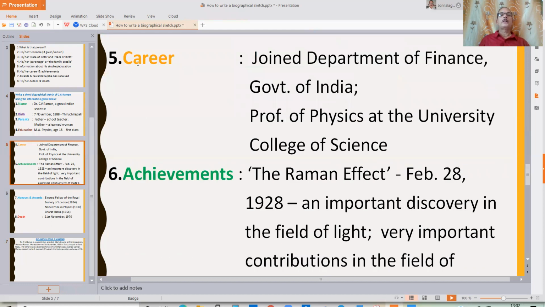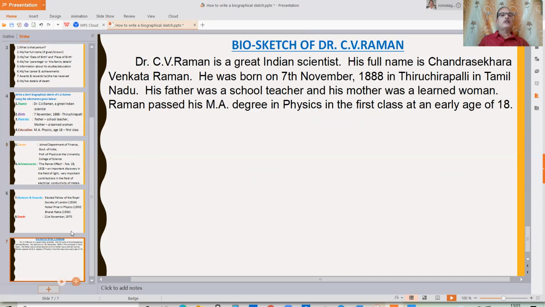Then career, what did he do? Which job did he take up after completing his MA? Joined the Department of Finance, Government of India. First, he joined the Department of Finance as an accountant in Calcutta. And then he worked as professor of physics at the University College of Science in Kolkata itself. So, what can we write here?